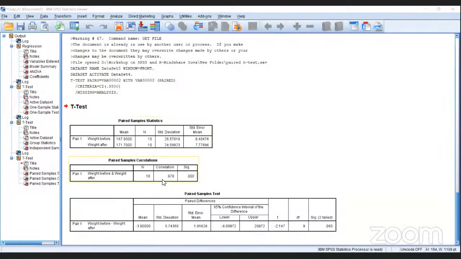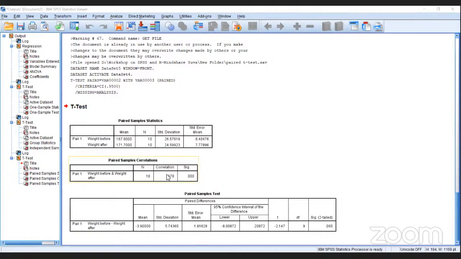Now I'm going to the output window. I'll present my screen here. Now see here. It has given the output for both the cases, and it has given the correlation also.